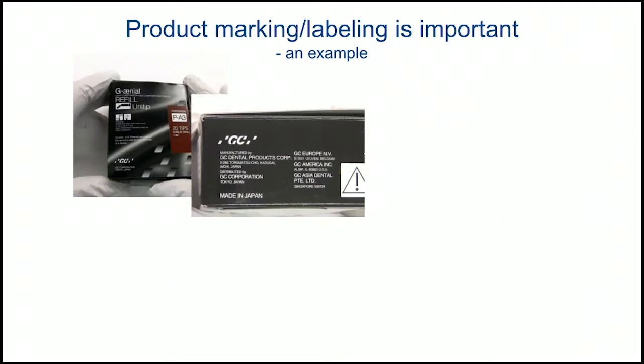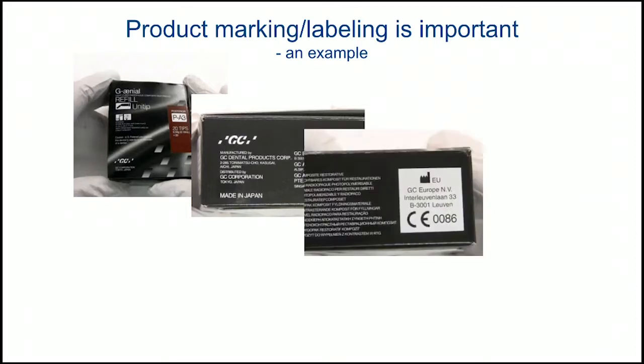But it has a European representative, which occurs here on this label. See the pictogram. And this manufacturer is now represented in Belgium for the European market. And you see the CE mark, and the number behind the CE mark denotes the institution that has given the permission to use the CE mark.